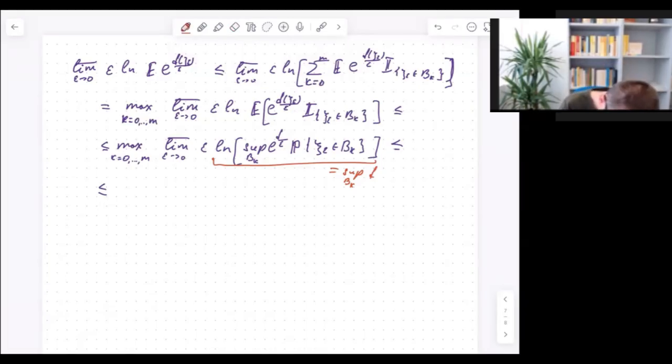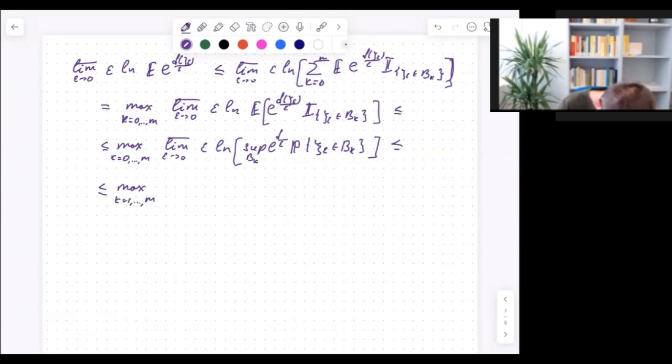Let me just do everything step by step. It would be faster and probably easier. It is the maximum over k from 1 to m, and then we have the limit as epsilon goes to 0 of epsilon logarithm of the supremum of the exponent, which is just the supremum over bk of the function f.